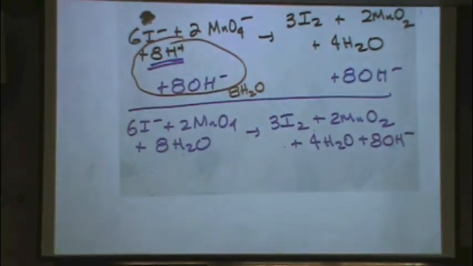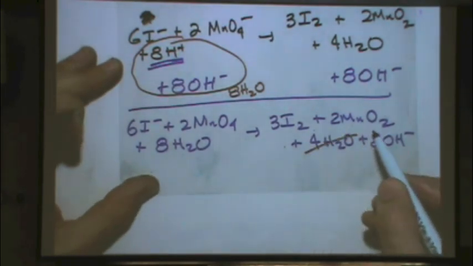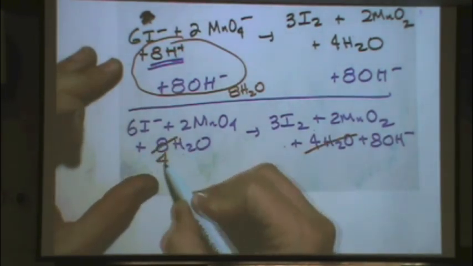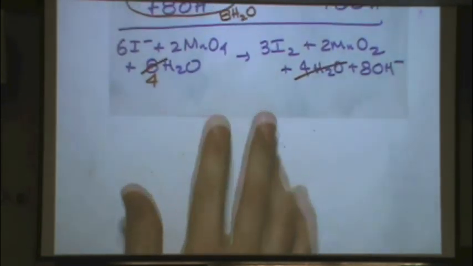Okay, you can see some stuff will cancel, specifically the waters. The 4 waters here will cancel with 8 here to get 4 on the left. And I think that's the only thing that cancels. Let's go to the next page.